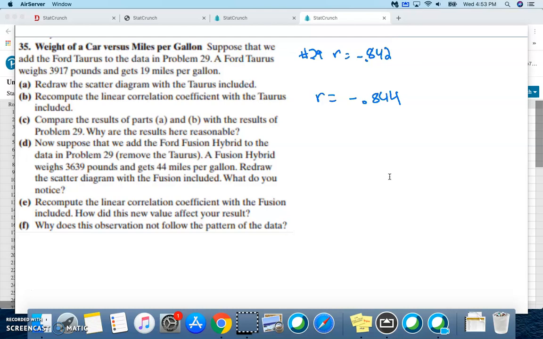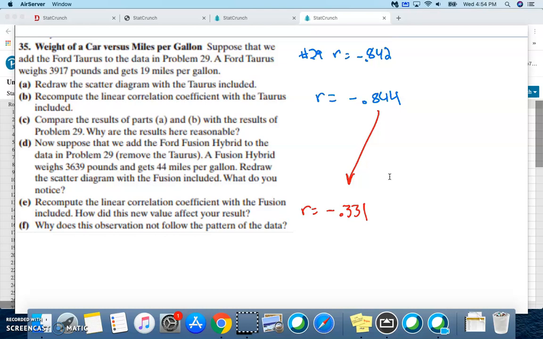So down here, R equals negative 0.331, and that shows that the correlation coefficient is not resistant. We added one vehicle that was well out of the ordinary, and it changed our correlation coefficient substantially. So why does this observation not follow the pattern of the data?